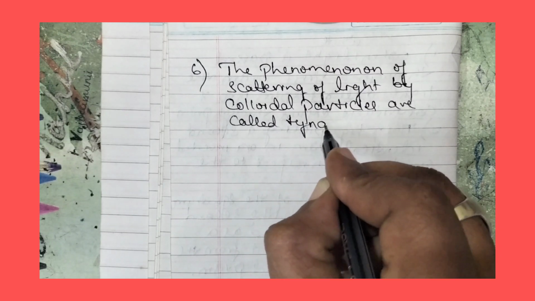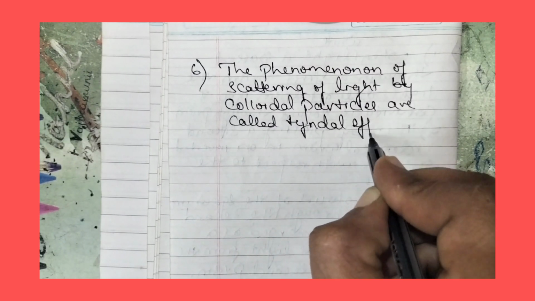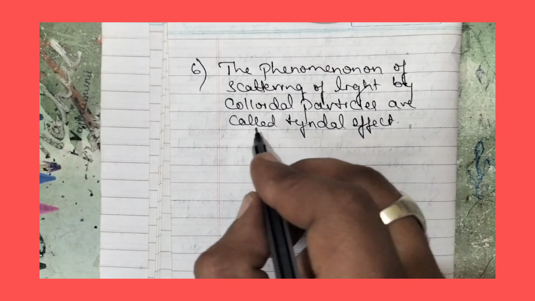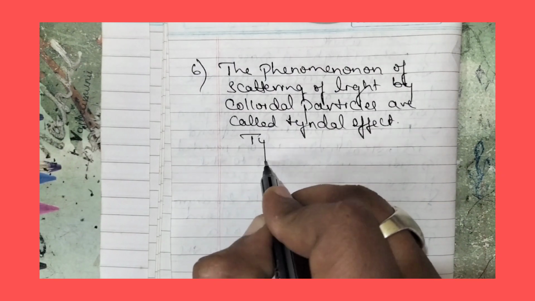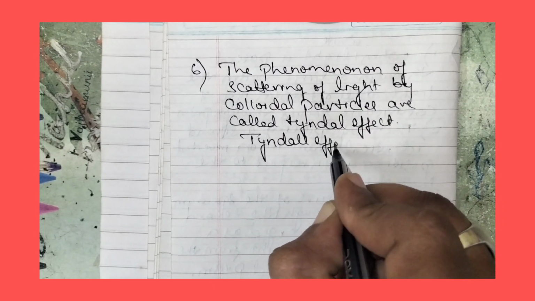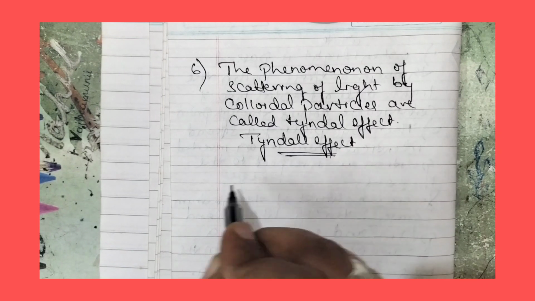Here they asked which phenomenon is responsible for making the path of light visible. The path of the light is visible because of the phenomenon called Tyndall effect.